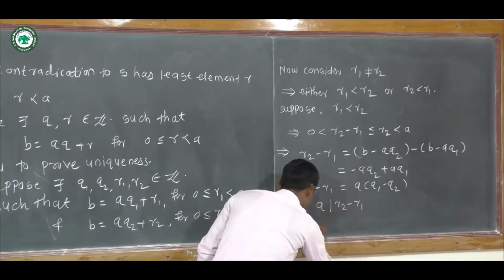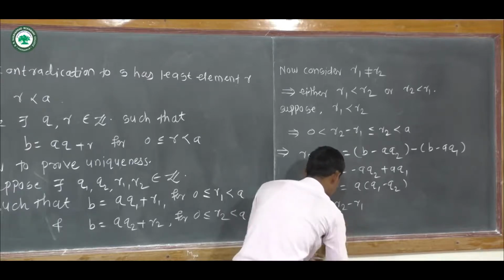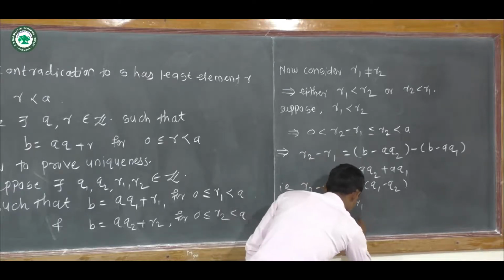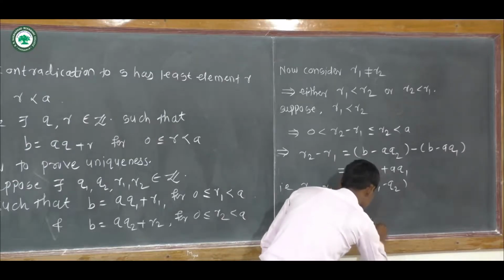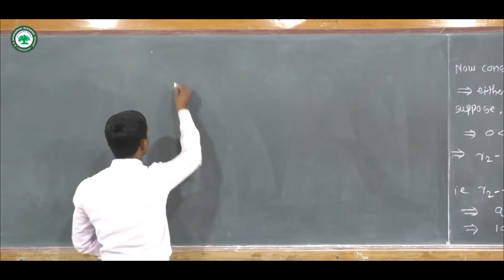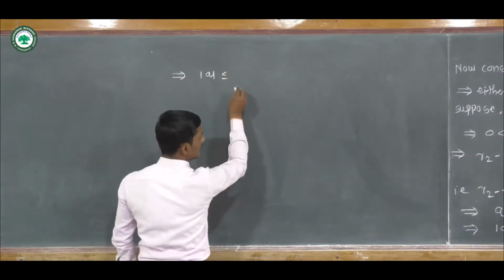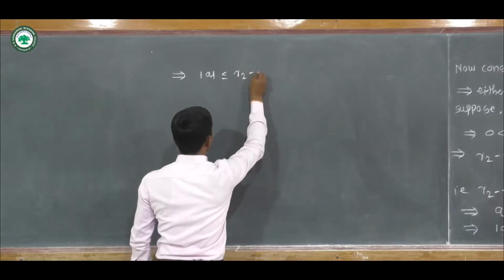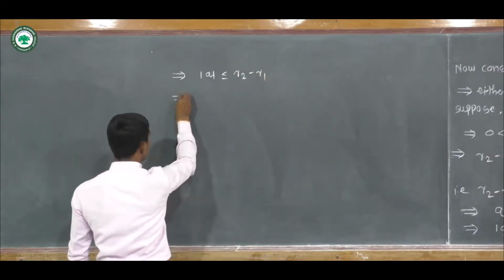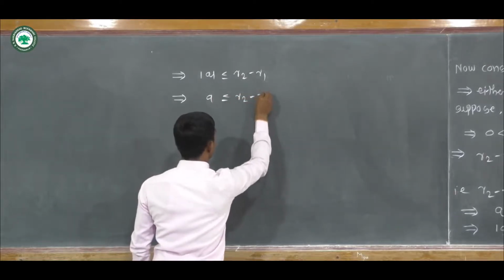This implies the absolute value of a is less than or equal to the absolute value of r2 minus r1, which implies the absolute value of a is less than or equal to r2 minus r1, which implies a is less than or equal to r2 minus r1.